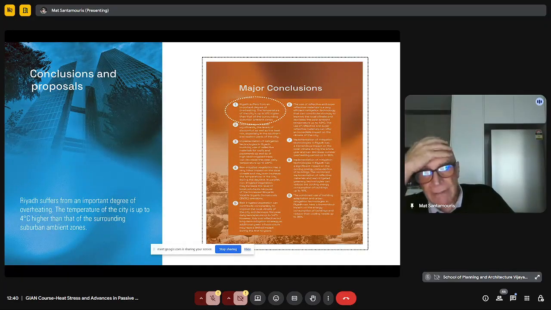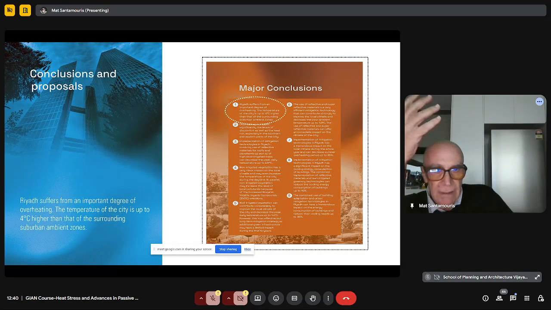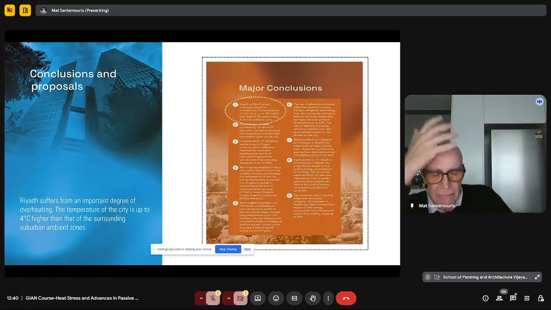Let's plant 5 million trees. This may increase tremendously the water consumption, but if you don't have the water, and in most cases you don't have the water and they don't irrigate, this really contributes to an increase of the temperature.